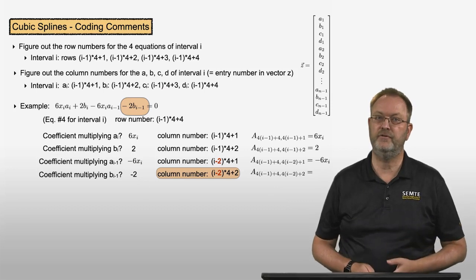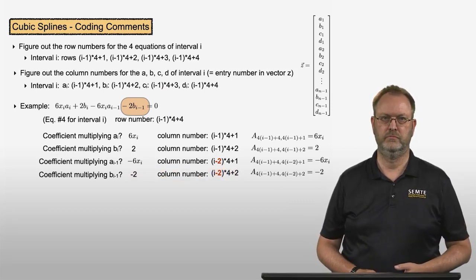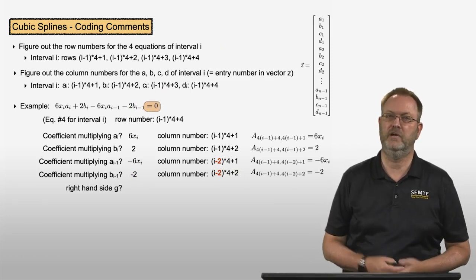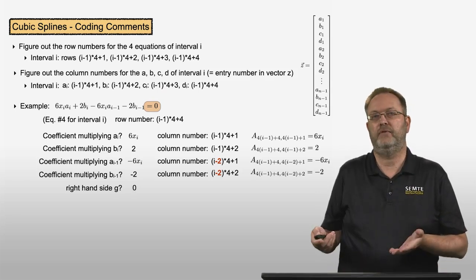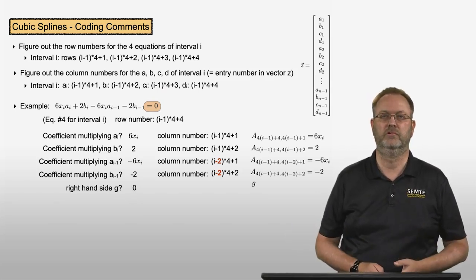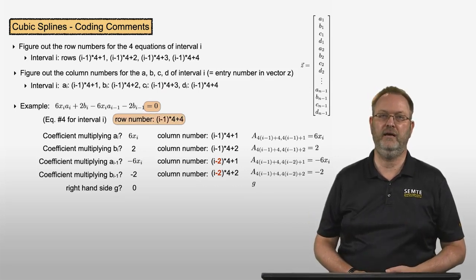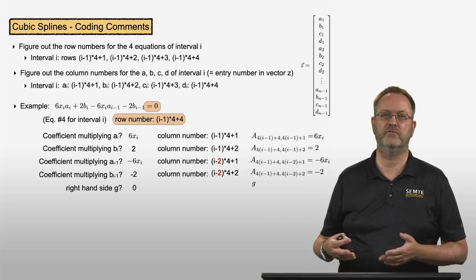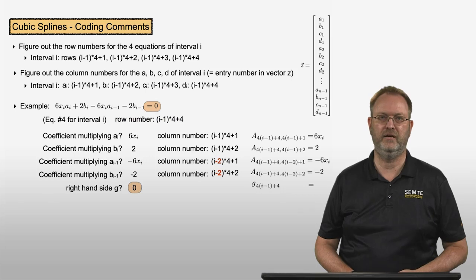And that entry into the matrix has to be negative 2. Okay, good. Now, the right-hand side of this equation. Well, that goes into the vector g, and that right-hand side is 0. So the entry into the vector g at the row number of this equation, (I minus 1) times 4 plus 4, has to be equal to 0.